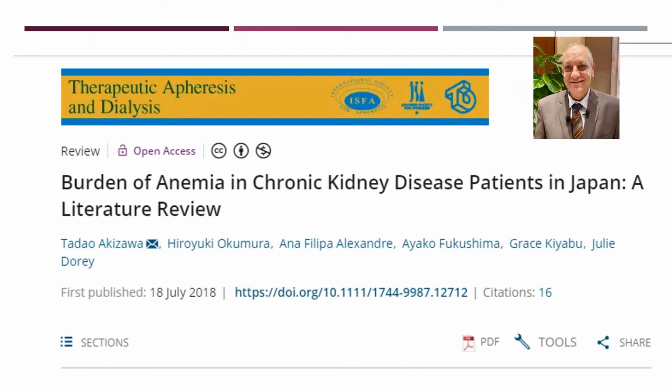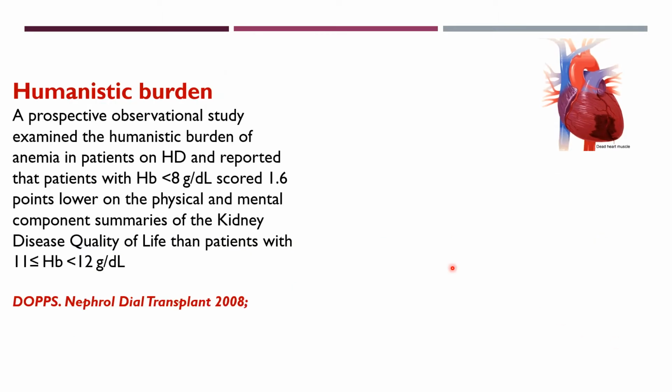And if you have an example of the anemia in chronic kidney disease, the Japanese review, it has been shown in many literatures, the humanistic burden on patients with anemia undergoing hemodialysis. Prospective observational studies found that patients with low hemoglobin below the target have lower physical and mental component summaries of the kidney disease quality of life than patients with the target hemoglobin.